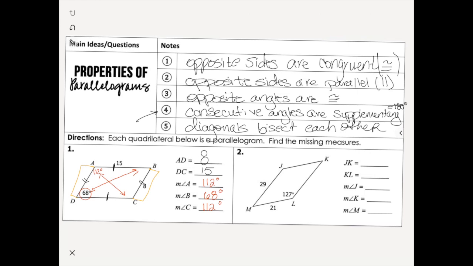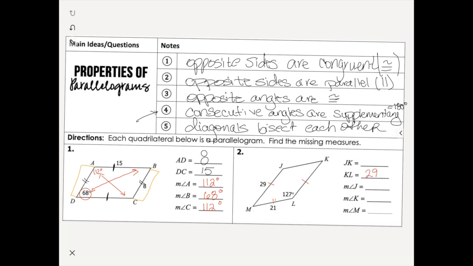Let's try and do number 2. So number 2, we have measurements for JM. We know that one's 29. We know ML is 21. And we know that angle L is 127. So if JM is 29, we also know that KL is 29 because opposite sides are congruent.